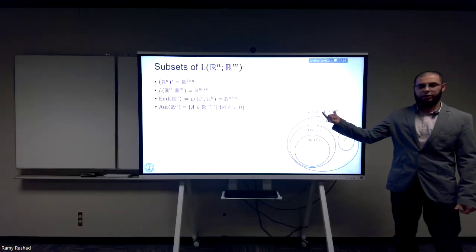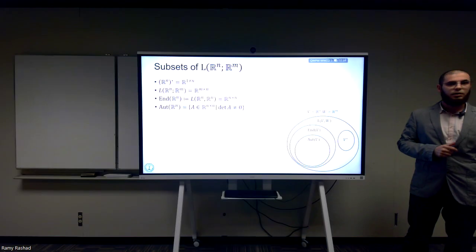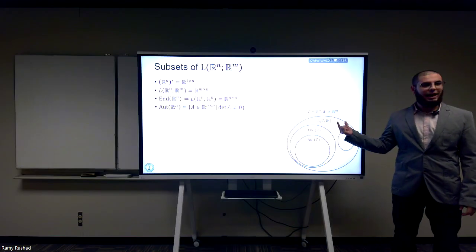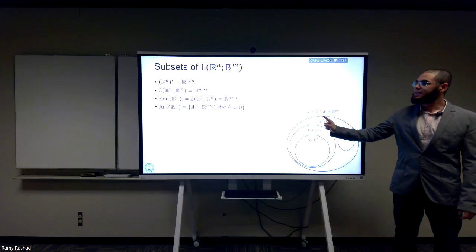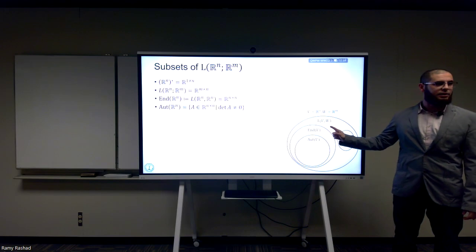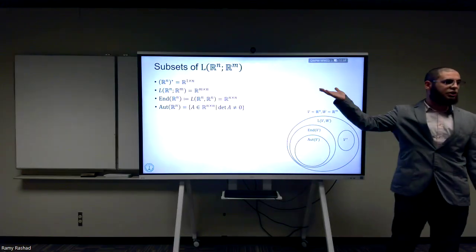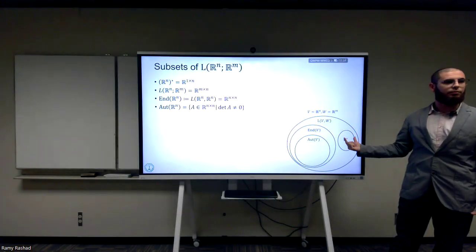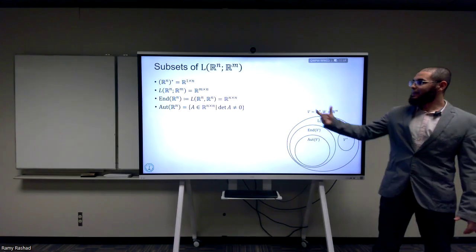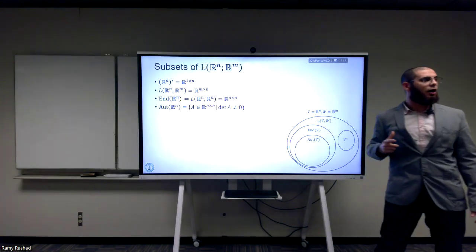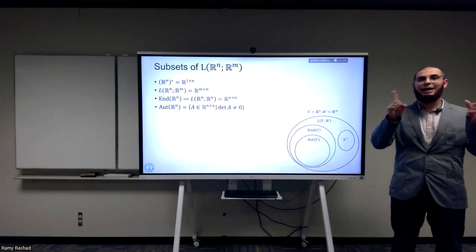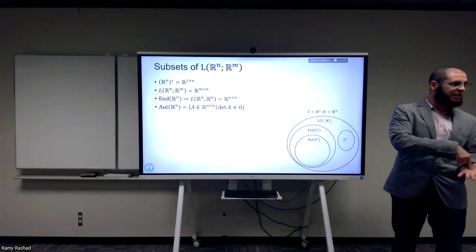If V is Rn and W is Rm, so this is the set of all m by n matrices. And the V star is the set of 1 by n matrices. So this is just the case m is equal to 1, right?